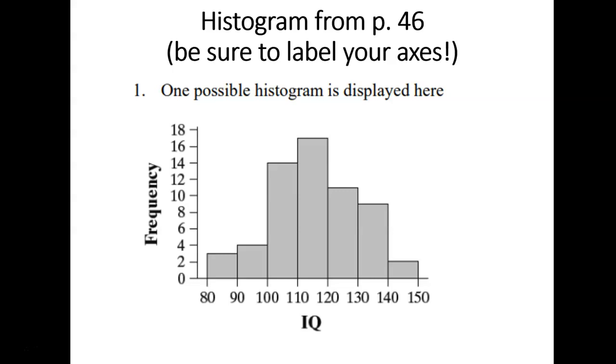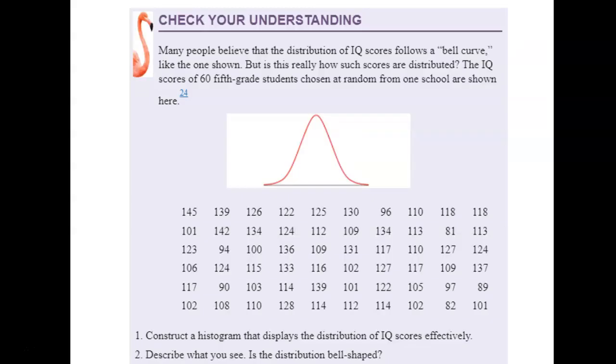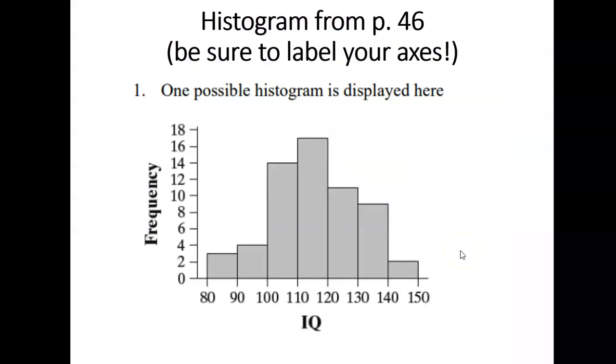If your classes are different, I'm not sure why you would start your class at something other than 80, but you could have. If you had a different width, then maybe your distribution looks a little different. But this is what they went with for the author's answer.